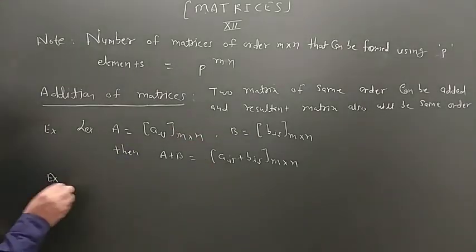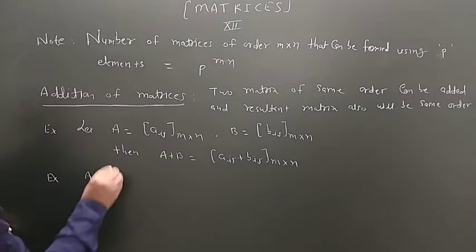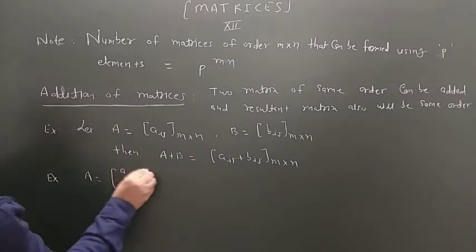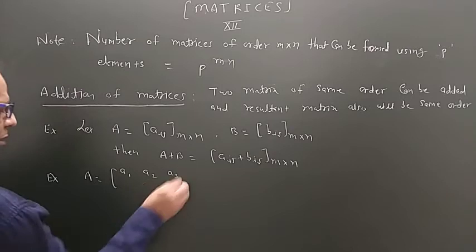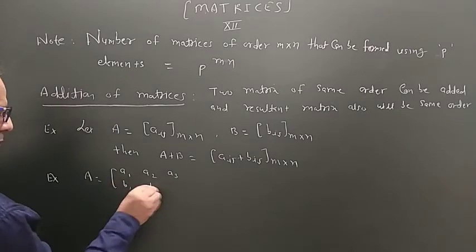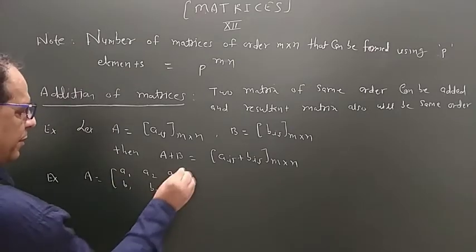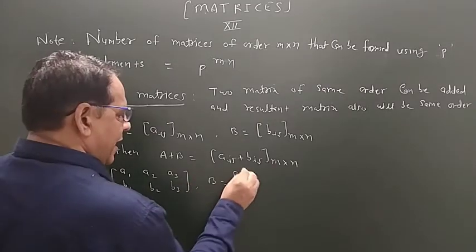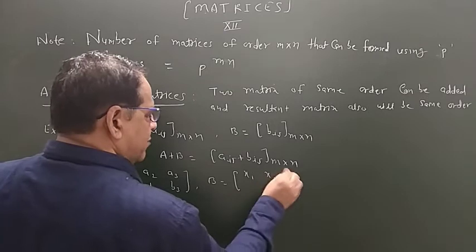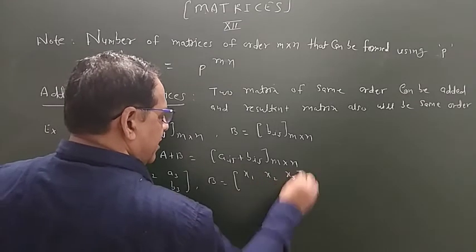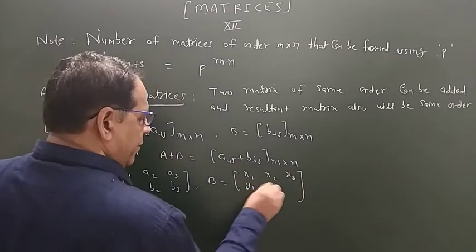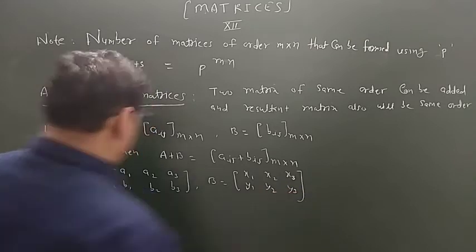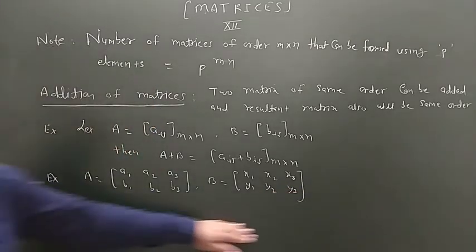Numerically, we have shown the example: A equal to A1, A2, A3, B1, B2, B3. Similarly, the next matrix is X1, X2, X3, and Y1, Y2, Y3. There are two matrices given.